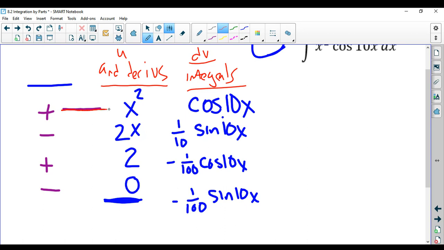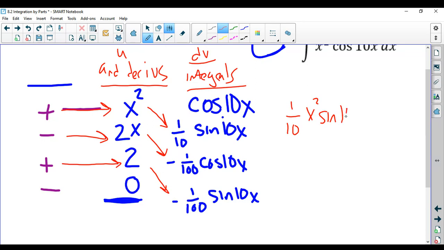Straight across. And then diagonally down. That's your first term. Straight across, diagonally down. Straight across, diagonally down. So the first term is positive 1/10 x squared sine of 10x.